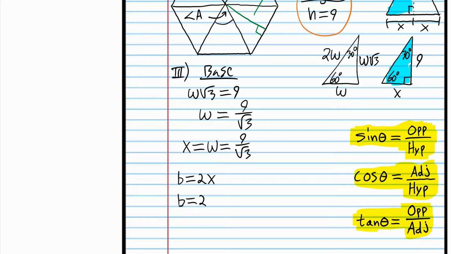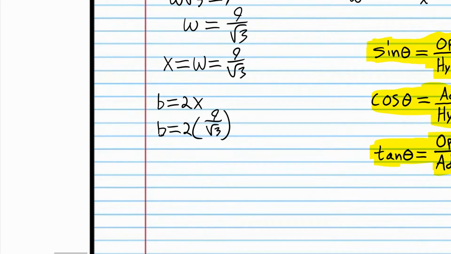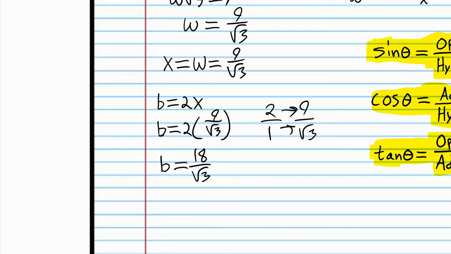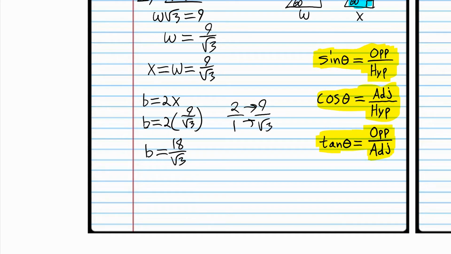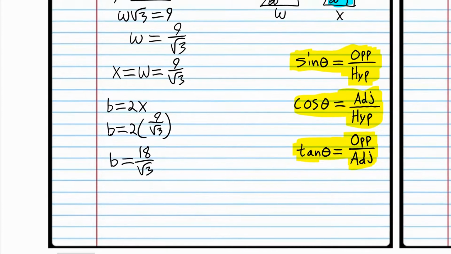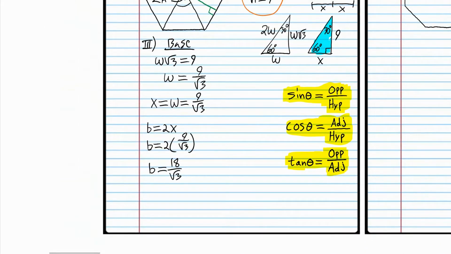So 2 times 9 over root 3. And this is just basic math. 2 over 1 times 9 over root 3. Multiply across, and you get 18 over root 3. A lot of students have trouble with that, but you really shouldn't, because it's just arithmetic. That's why arithmetic is one of the prerequisites for this course. So that was all to find the base.